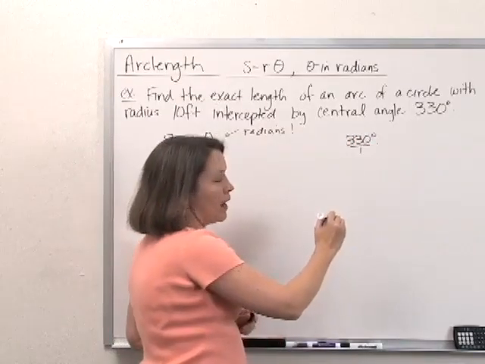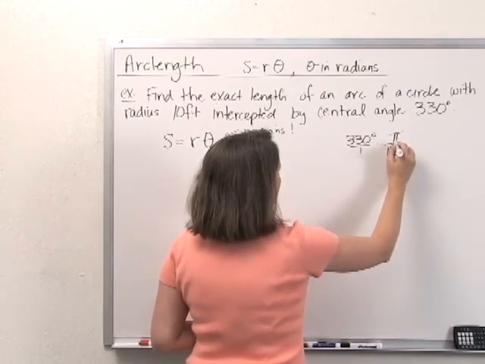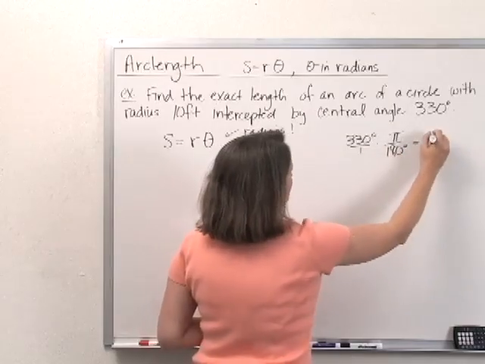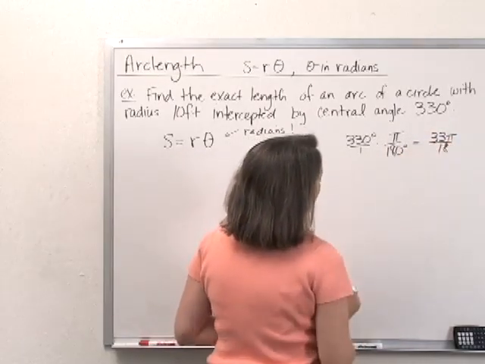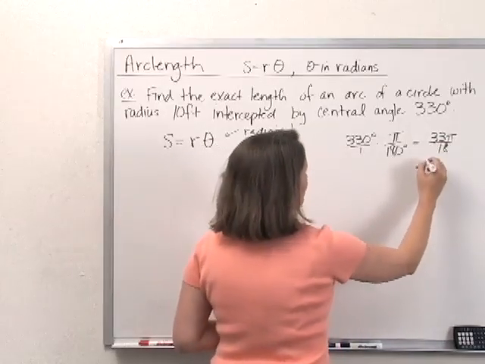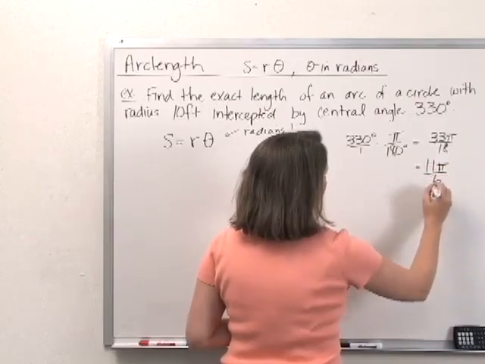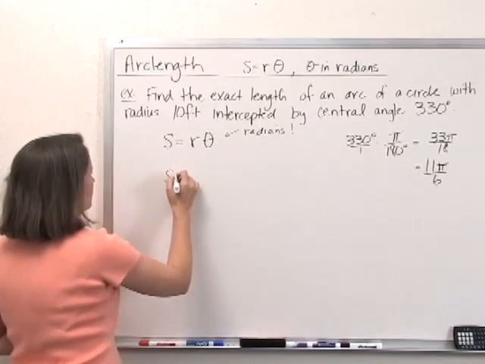There are pi radians in 180 degrees, so we're going to multiply by pi over 180. So this one just is 33 pi over 18. Oh wait, I can go further. Those both have a common factor of 3. So this is really 11 pi over 6. Now we substitute.